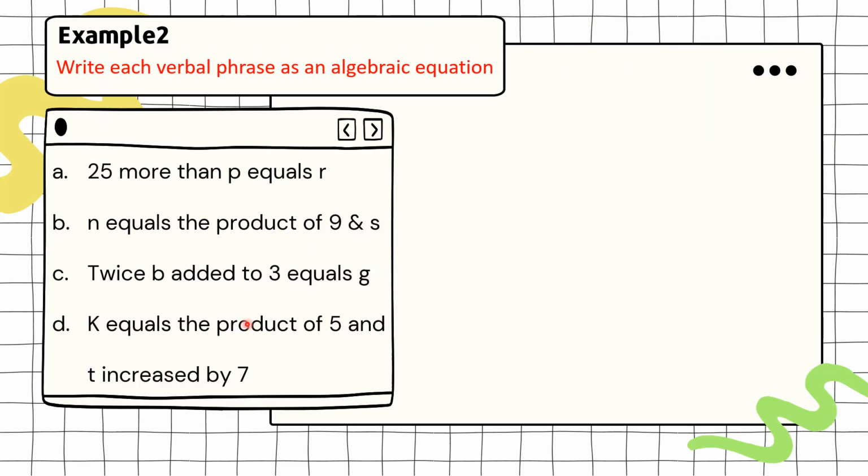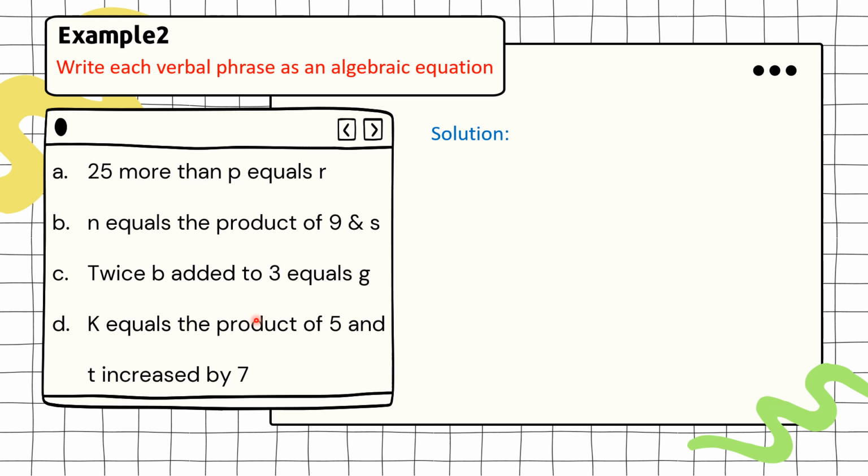Example. Write each verbal phrase as an algebraic equation. A, 25 more than B equals R. Who can tell me the solution?